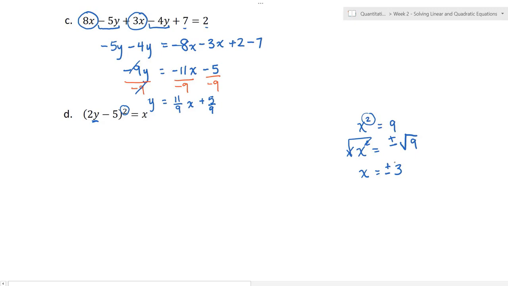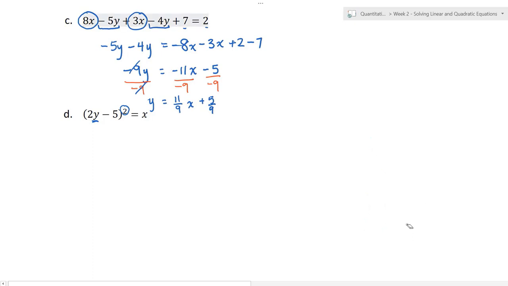Because if x was positive 3, then when we put it into this equation, x squared would be 9, because 3 squared is 9. So that's right. But we'd be missing half of our solution if we forgot the minus sign, because -3 all squared is also 9. So we need to remember this plus or minus that goes in front of the square root sign. Whenever we're trying to get rid of a squared, we have to plus or minus square root.